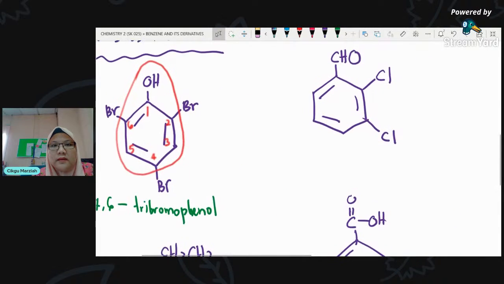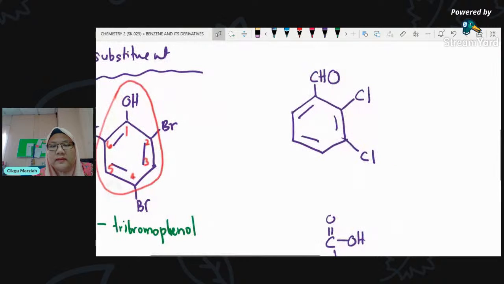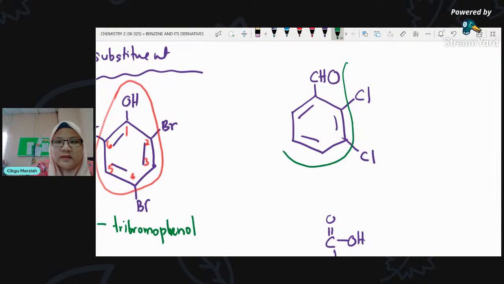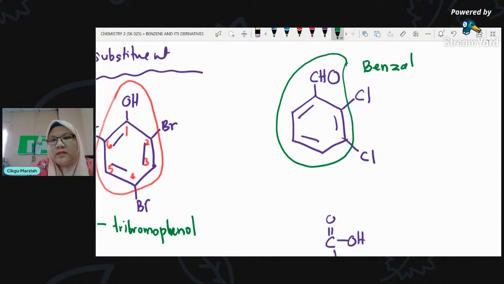Okay. Now let's look at here. Cuba tengok siapa nak jadi parent. Ada tak dalam senarai parent-parent tu? Ni CHO ni adalah benzaldehyde. Okay, so dia jadi parent, automatic dia dapat nombor 1. This is carbon number 1, number 2, number 3.